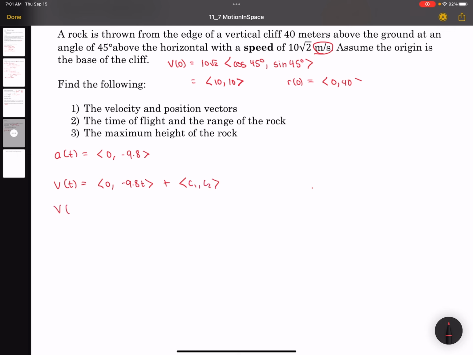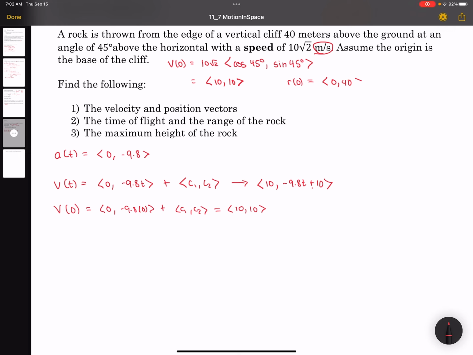Now we know that when t is 0, we should get 0 and negative 9.8 times 0 plus C1 and C2, and that's supposed to equal this vector 10, 10. Well, all that's going to imply is that C1 is 10 and C2 is 10. So here we get our velocity vector to be 10 and negative 9.8t plus 10.